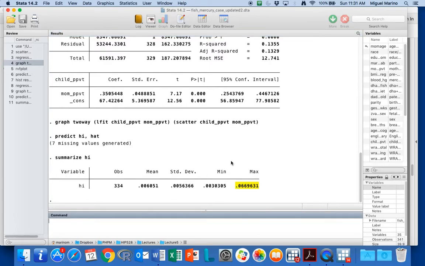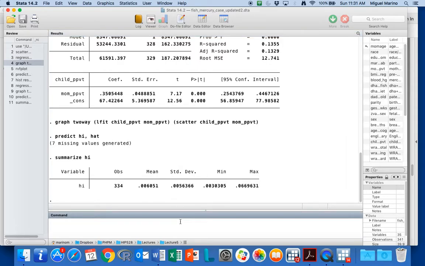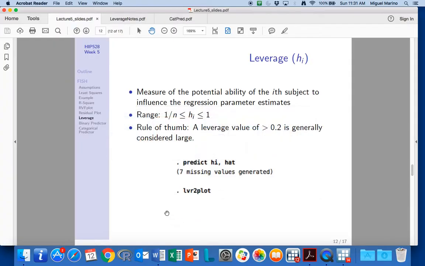So one way is to just summarize and then look at that. Another way is a Stata command called lvr2plot, which I believe is in the slides here.